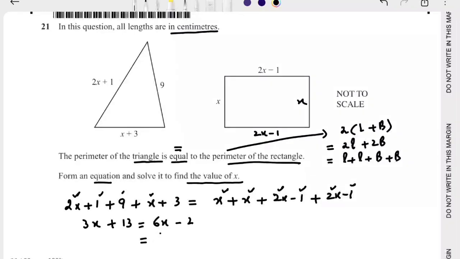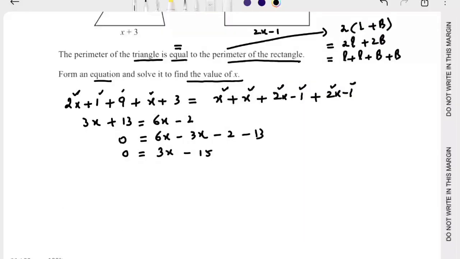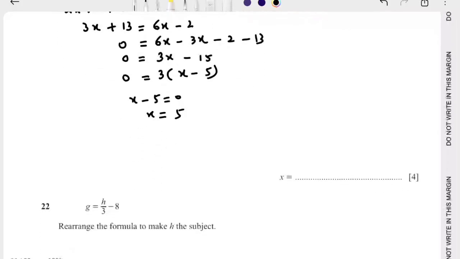Now it would be 3x minus 2 minus 13 is equal to 0. So it will be 3x minus 15, basically we have to solve it. Take 3 as common, so it would be x minus 5 is equal to 0. So x minus 5 is equal to 0. So the value of x is equal to 5. So this is the answer.